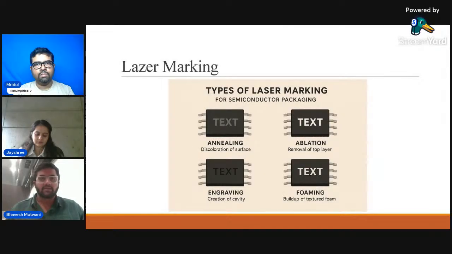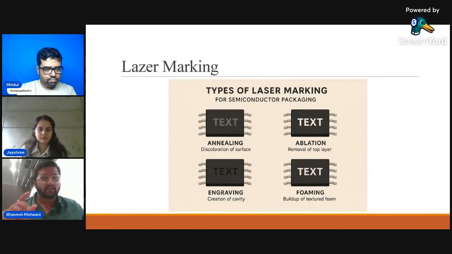It could be generally the company's name, a code, because generally we have an Aadhaar card to identify ourselves as an Indian citizen. So based on that, to detect or trace or know what sort of package that is, we need to have some sort of identification for that package. So we do the laser marking.